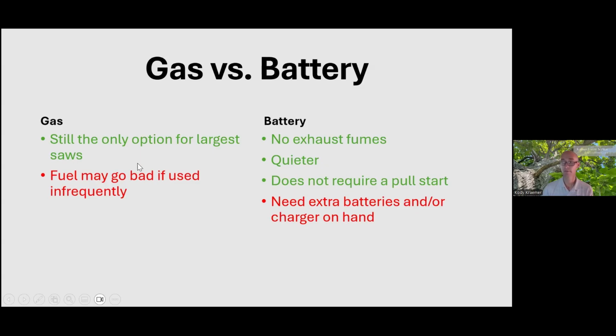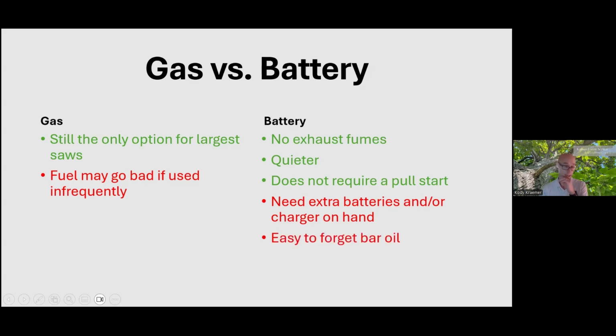If I have pros in green and cons in red: if I don't use my large 24-inch bar saw very often, that fuel could go bad. The negatives that oftentimes come up on battery saws is that you need to have extra batteries and or a charger on hand on the work site.